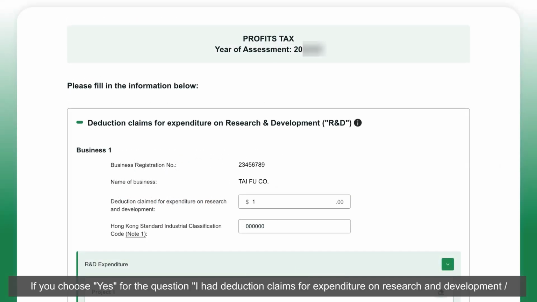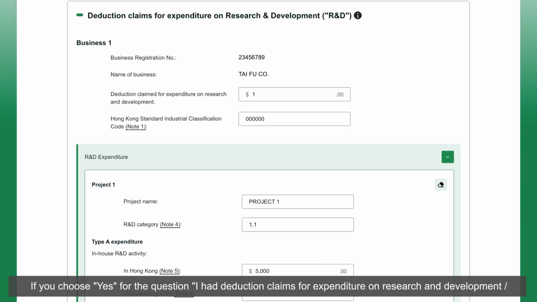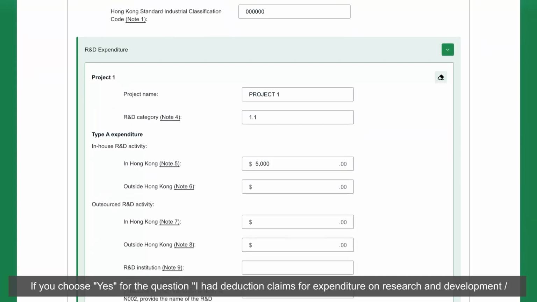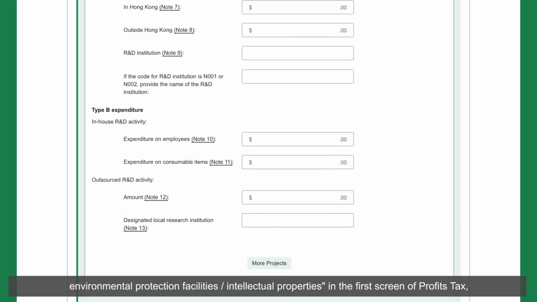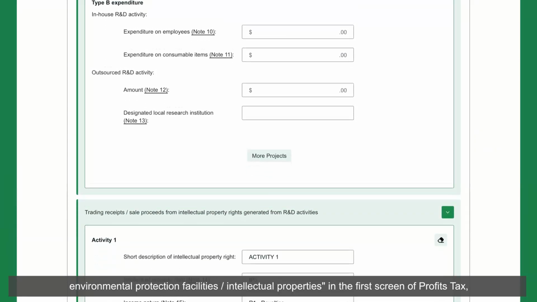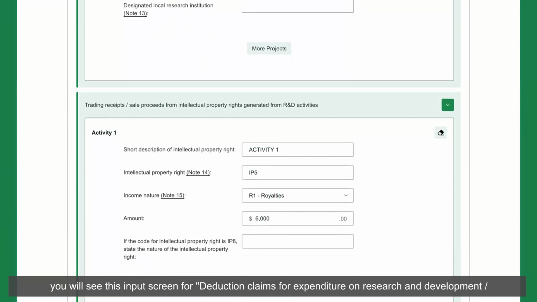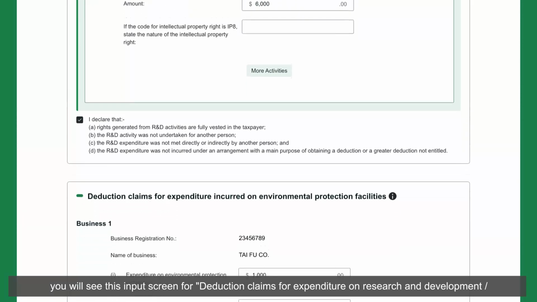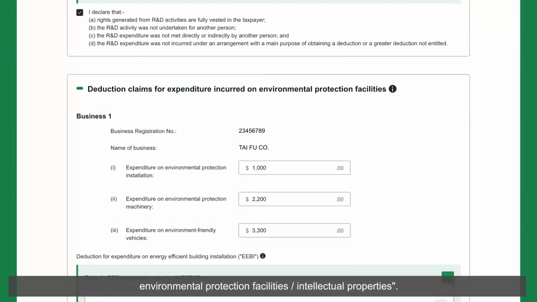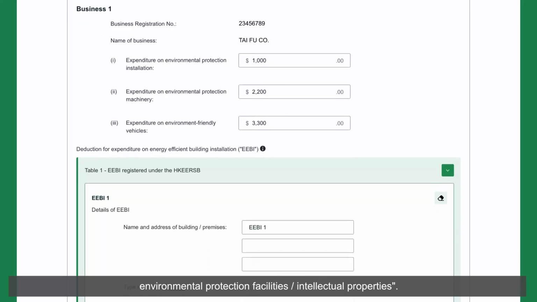If you choose Yes for the question "I had deduction claims for expenditure on research and development or environmental protection facilities or intellectual properties" in the first screen of profits tax, you will see this input screen for deduction claims for expenditure on research and development or environmental protection facilities or intellectual properties.